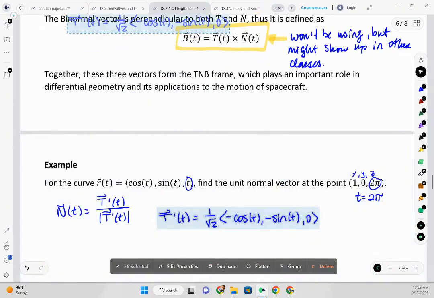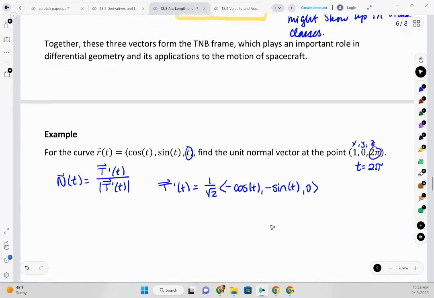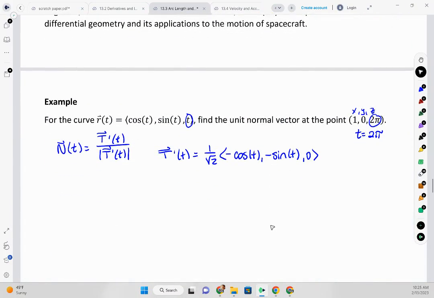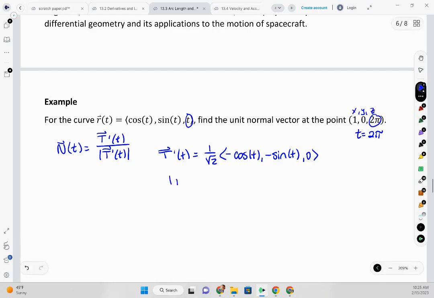So our T prime of t we have here. And so we don't need to calculate that again. But we do need to find the magnitude of that. I believe we calculated that as well, but let's go ahead and do that again.